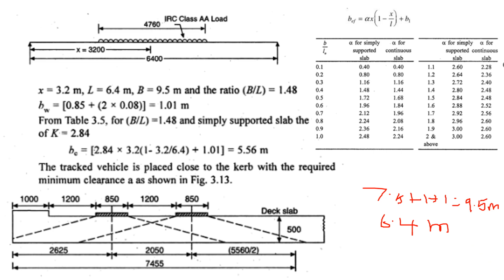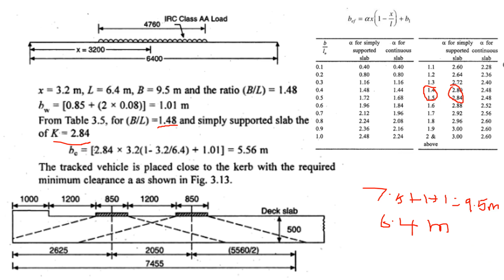So this B by L is equal to 1.4. If you interpolate the value between 1.4 and 1.5, roughly we get this alpha value, which is represented as K here. So K is equal to 2.84. So substituting the K value into x.